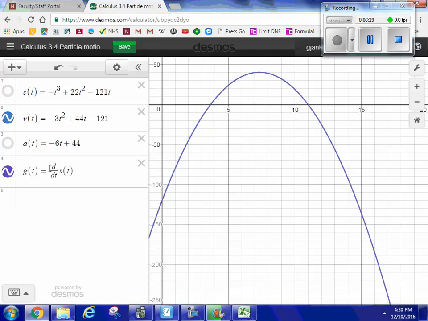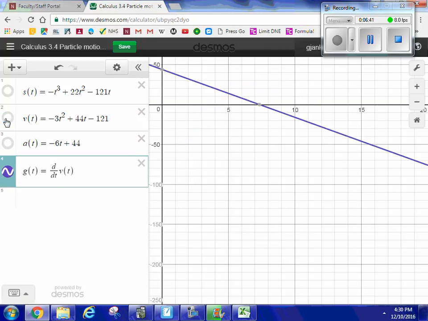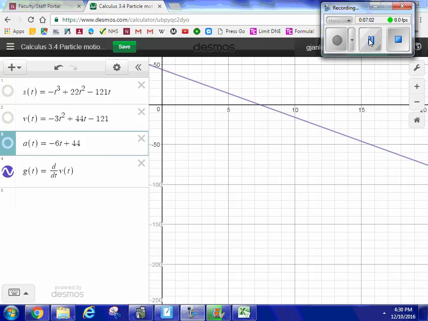And now to see whether my acceleration function is correct, I'm just going to change this s right here to a v, and I'm going to look at, that's the derivative of my velocity function, and let's see if it's the same as my acceleration function. Green, purple, green, purple, they look the same. So I've now confirmed using graphs and Desmos that my derivatives that I calculated were correct.